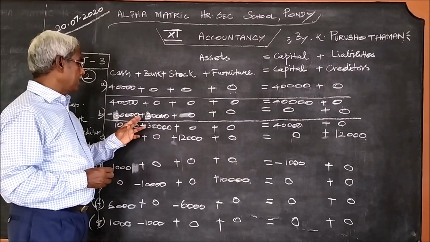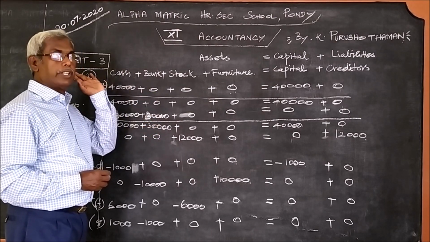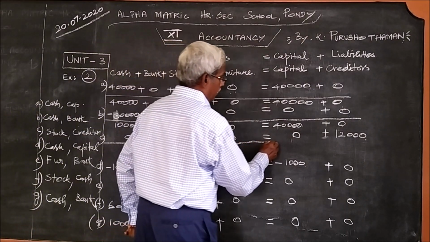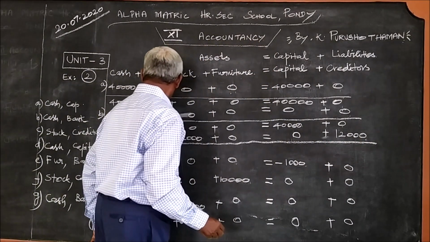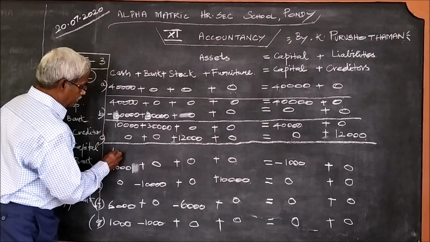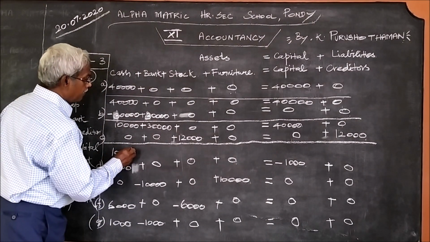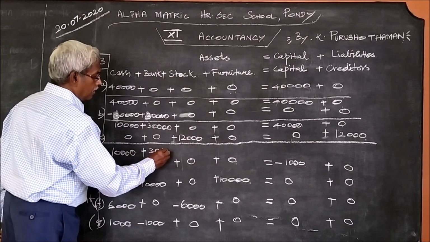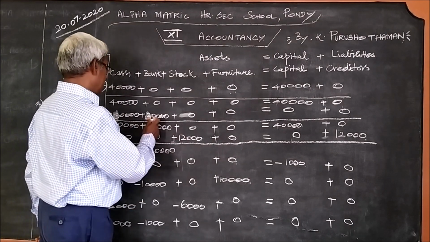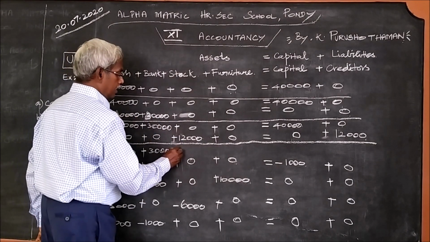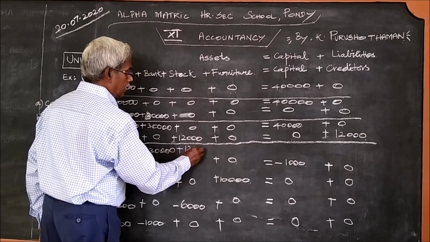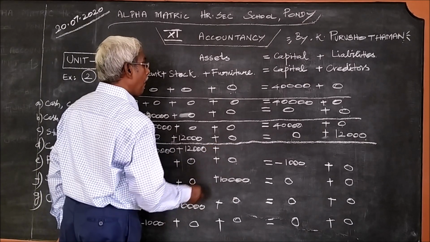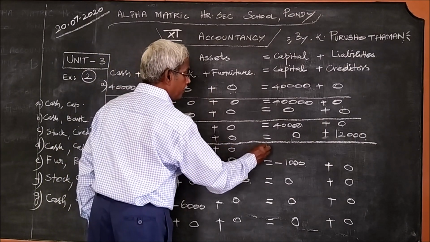Left hand side 10 plus 30, 40,000. Right hand side 40,000. Then you go to the next transaction. This is 10,000. If you add these two here, then 0.